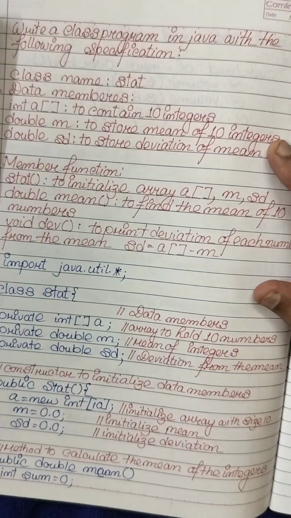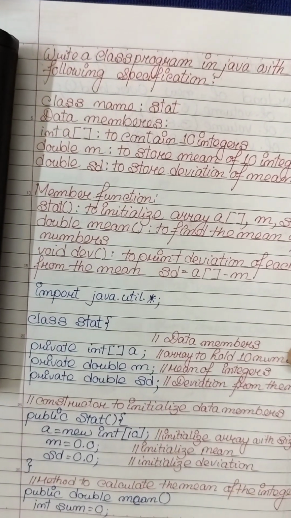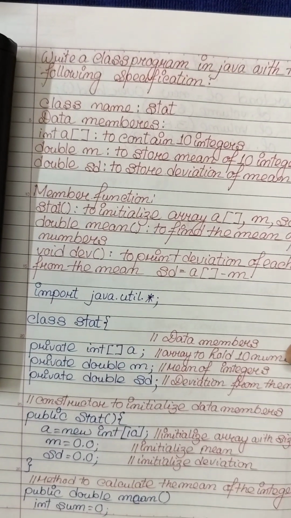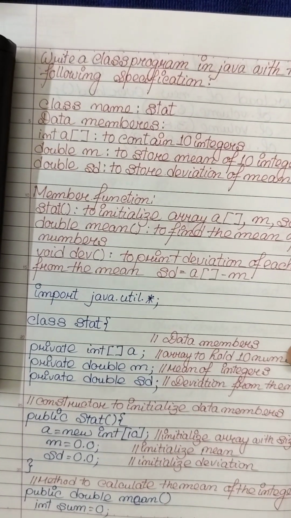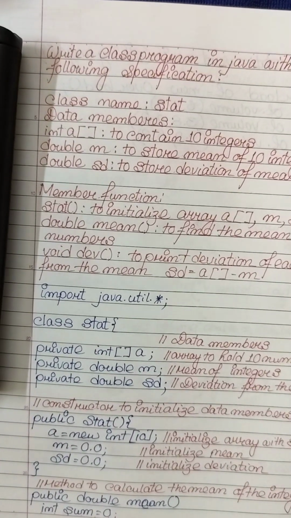Today I am going to explain a Java program. Suppose the problem is: write a class program in Java with the following specification. Class name: stat.